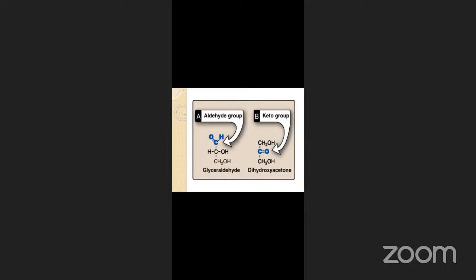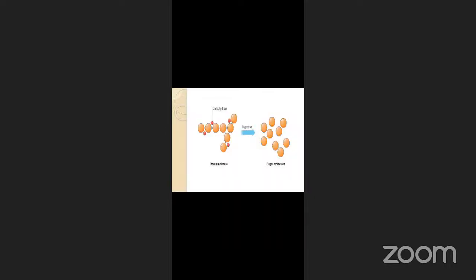When you add 2 monosaccharides, they become disaccharides. If you have 3 or more, we call them oligosaccharides. If you have many monosaccharides in the form of a polymer, we call them polysaccharides. The starch molecule is a form of polysaccharide.